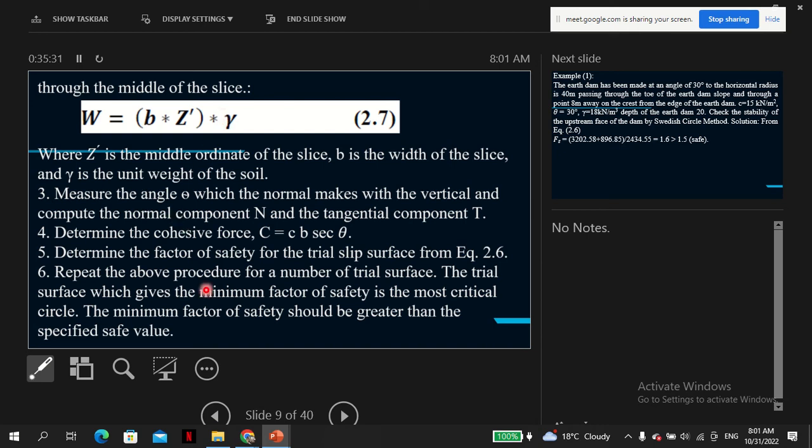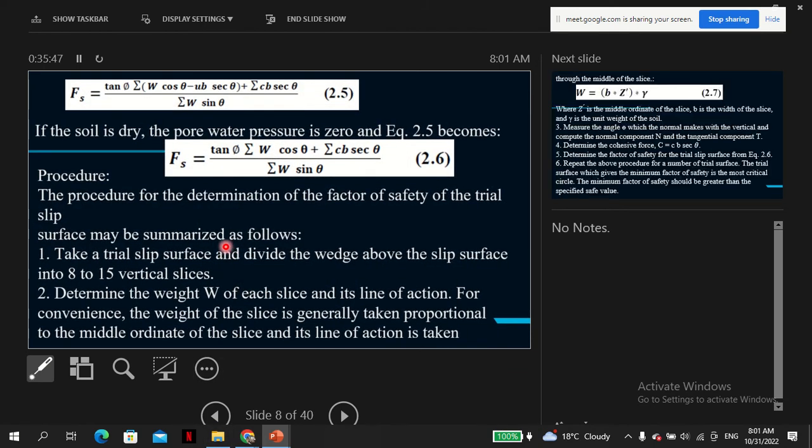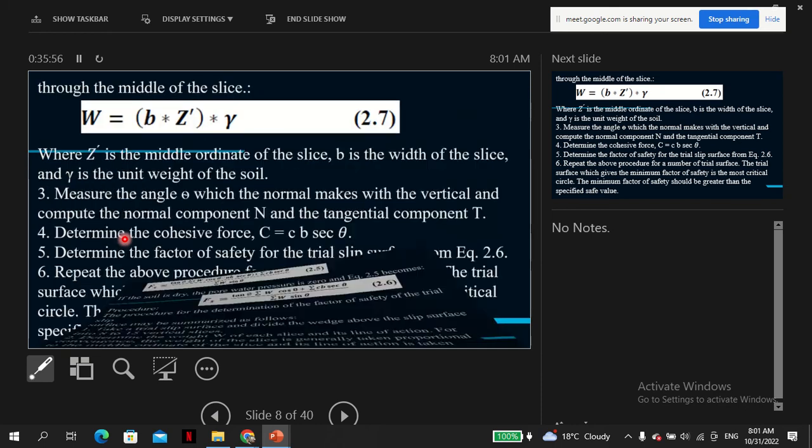So measure the angle theta which the normal makes with the vertical. Compute the normal component. This is the angle theta. Yeah, that's the angle to the normal.